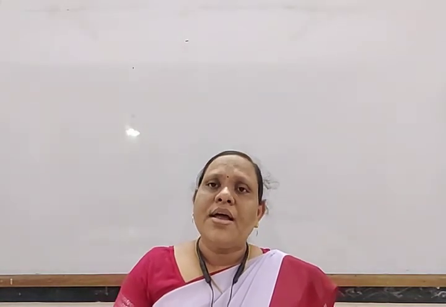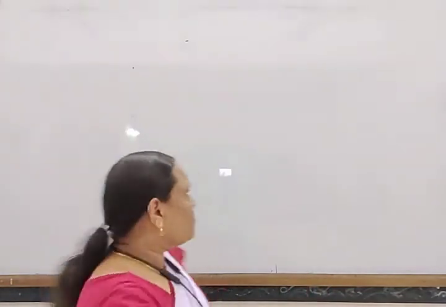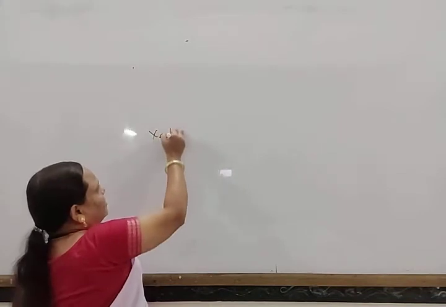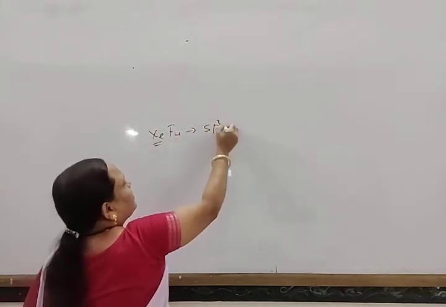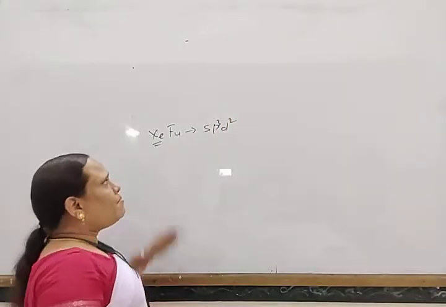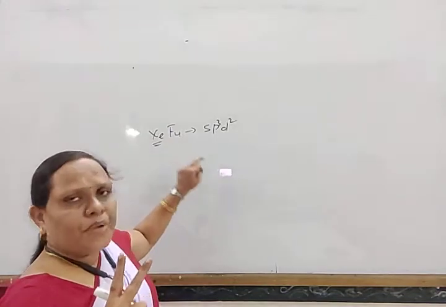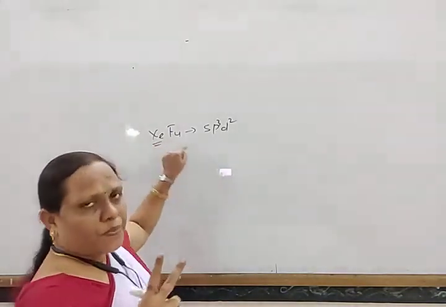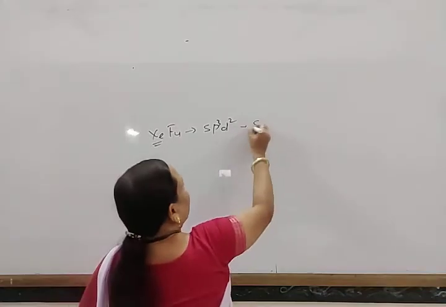For example, if we consider xenon tetrafluoride, XeF4, the xenon atom undergoes sp3d2 hybridization. But it contains two lone pairs of electrons and four bond pairs of electrons, which form bonds with fluorine. In this way, its shape is square planar.